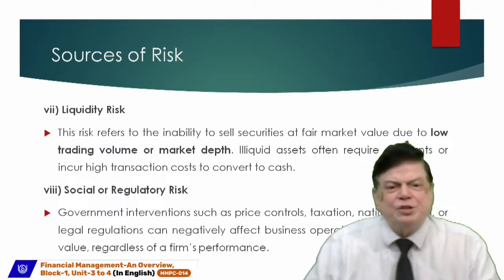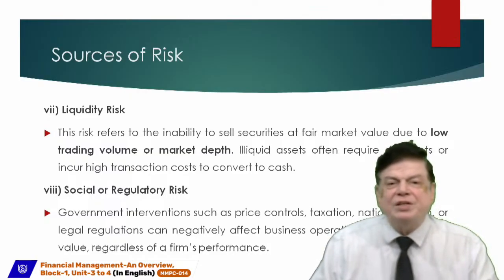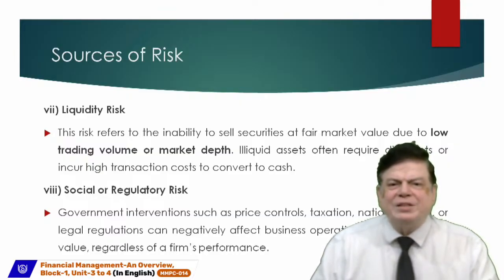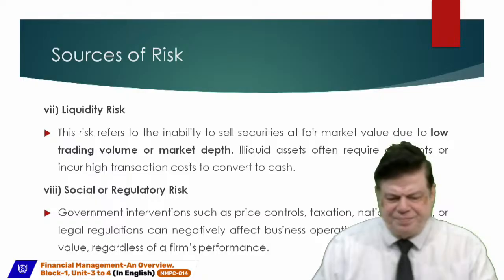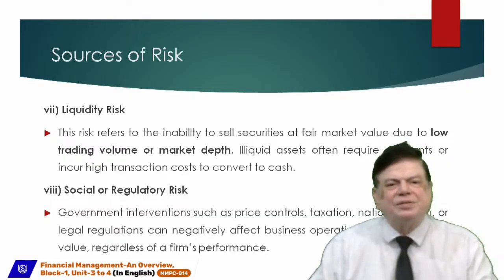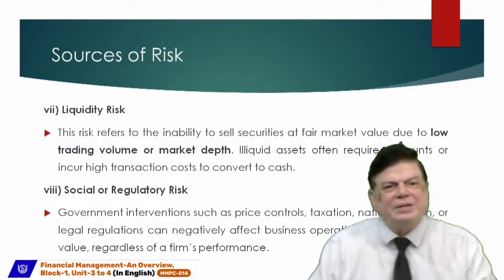This risk refers to the inability to sell securities at fair market value due to low trading volume or market depth. Illiquid assets often require discounts or incur high transaction costs to convert to cash.